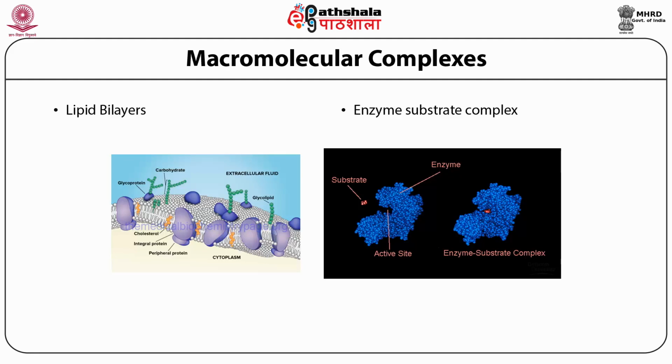And these macromolecules, in their turn, assemble or interact with each other and form characteristic structures which are microscopic in nature. Some of them are called a cell membrane or subcellular organelles like ribosomes or endoplasmic reticulum or nucleus or any such organelle.